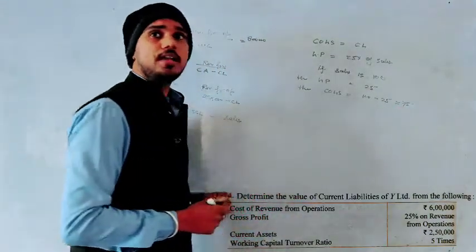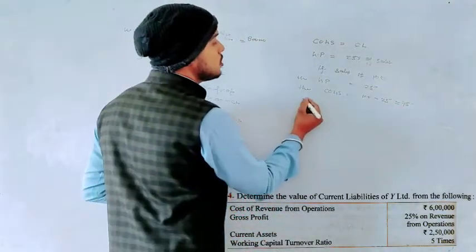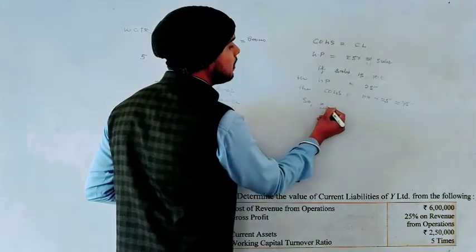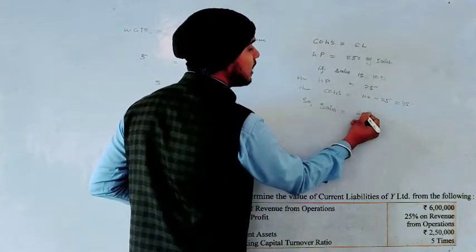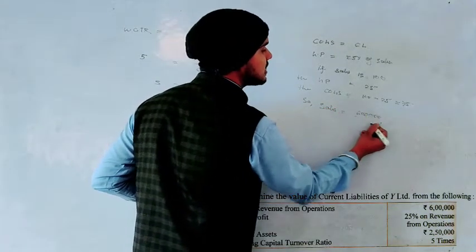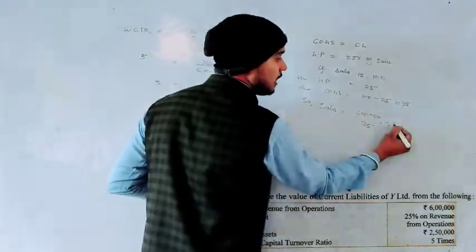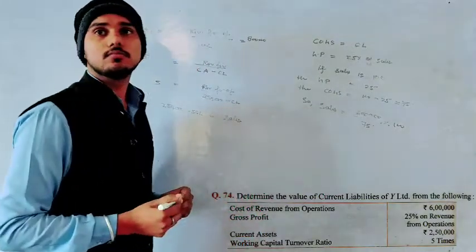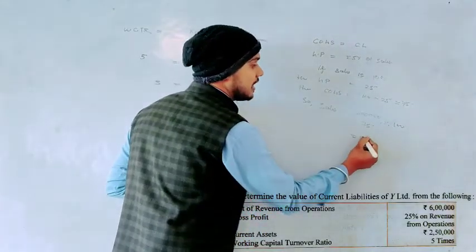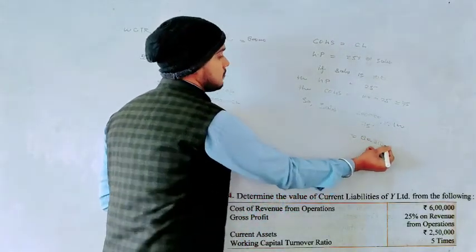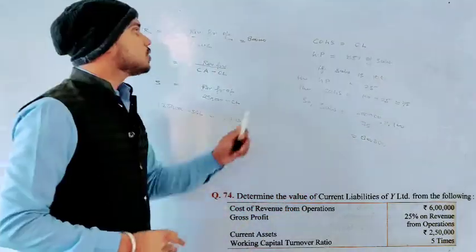This much we can do, right? What do we want to know? Our cost is 6 lakh. If this 6 lakh is 75, how much will the sale be? Sale is 100, so multiply by 100. Even this way you will get the same value, 8 lakh. No confusion now. So we got the sale.